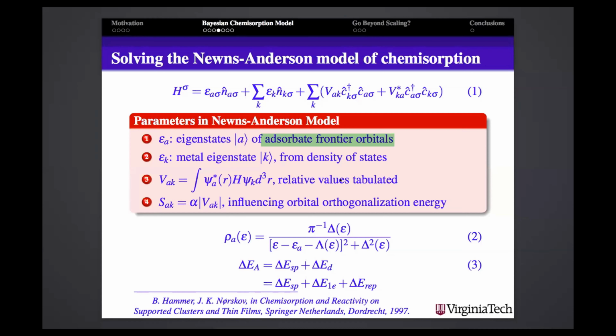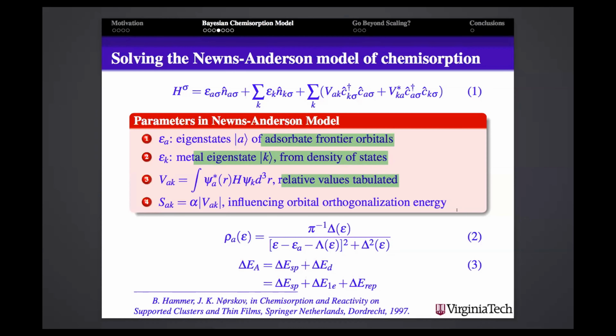I should point out that the relative values are tabulated in the book. And the last parameter is the overlap between the adsorbate states and the metal states, which influences the orbital orthogonalization energies when they come together to interact. For the metal states, we simply use the DFT-calculated states projected onto the metal d states.